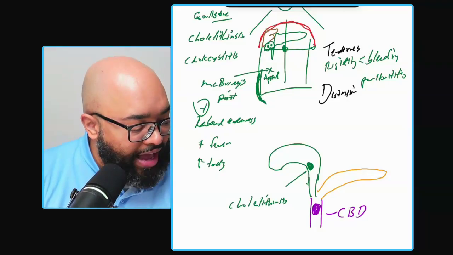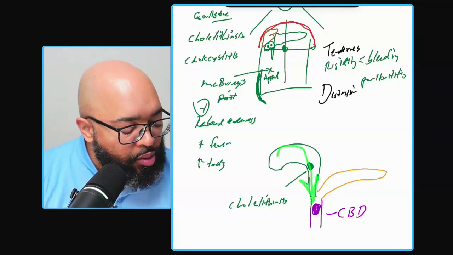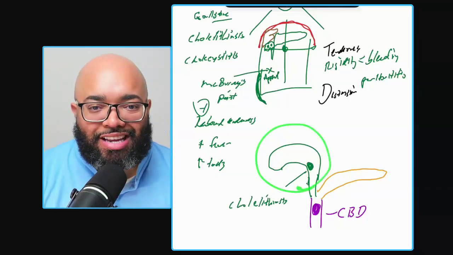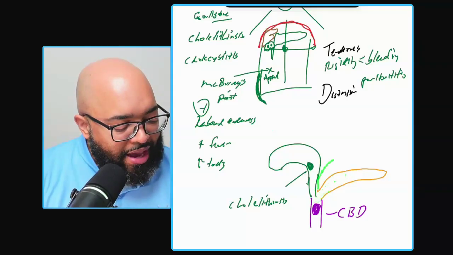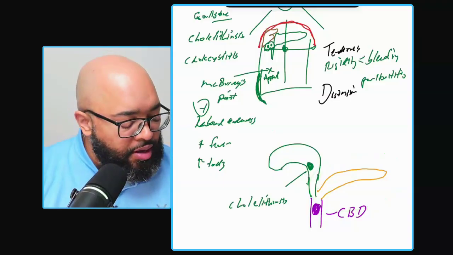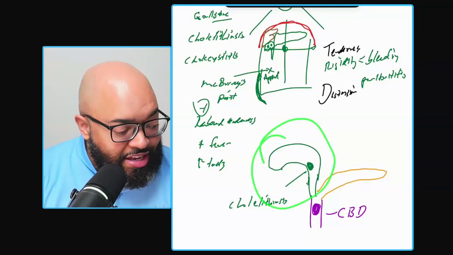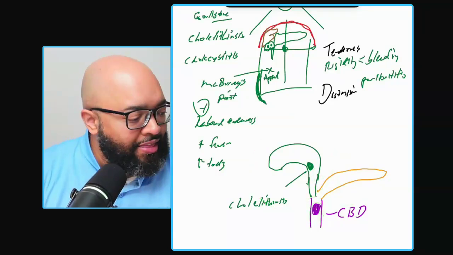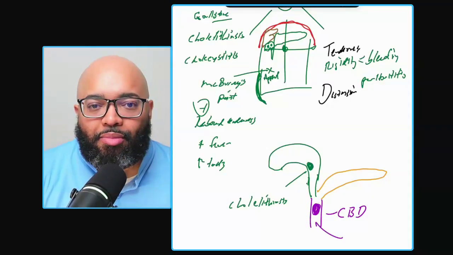If I have this situation, now stuff can't drain from the gallbladder, so the gallbladder gets bigger. So now I have cholecystitis. But if things can't drain out of the pancreas, now the pancreas gets bigger. I have an obstruction that will lead to pancreatitis. So if they describe a situation where you have inflammation of this and inflammation of this, it's probably an obstruction here. Do you know what that's called, where you have a gallstone in the common bile duct?